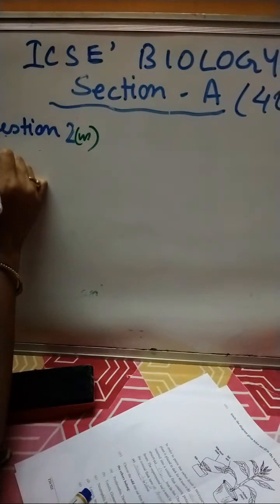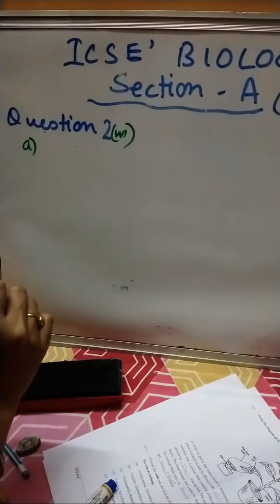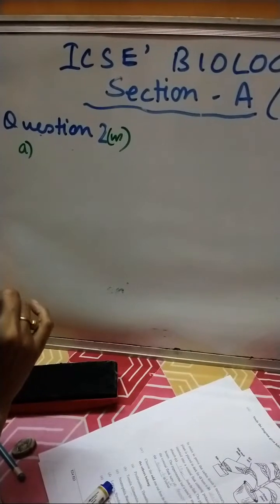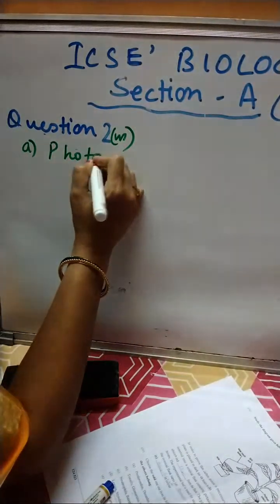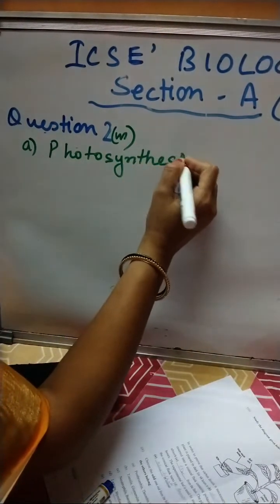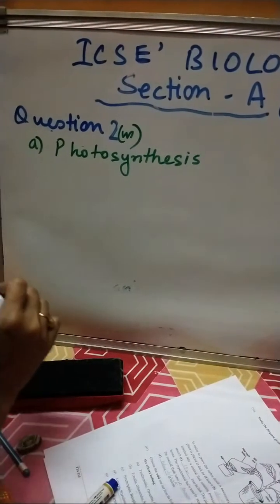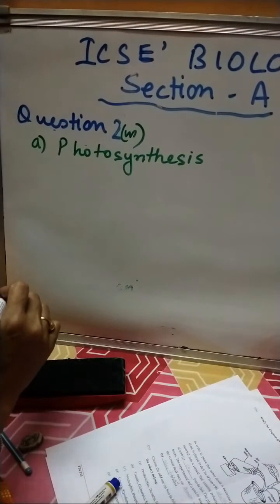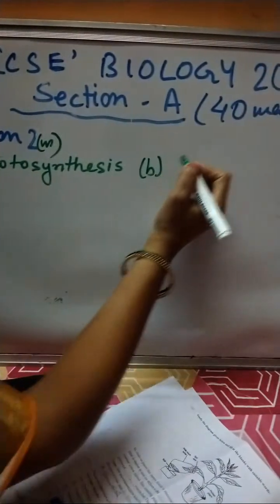The first answer: in order to prove that CO2, that is carbon dioxide, is necessary for A, that is photosynthesis, a potted plant is placed in dark for 48 hours to B, that is de-starch the leaves.